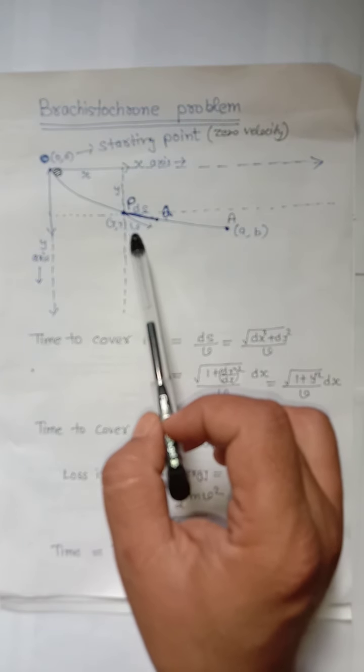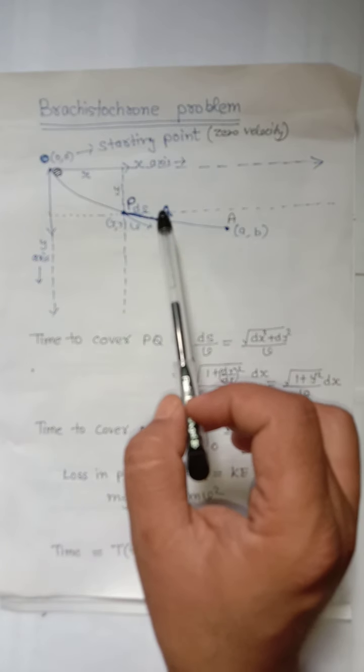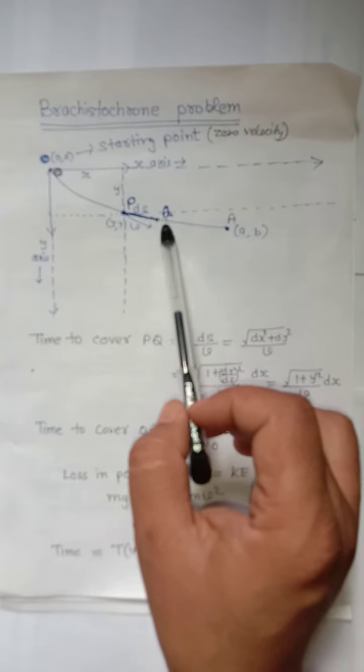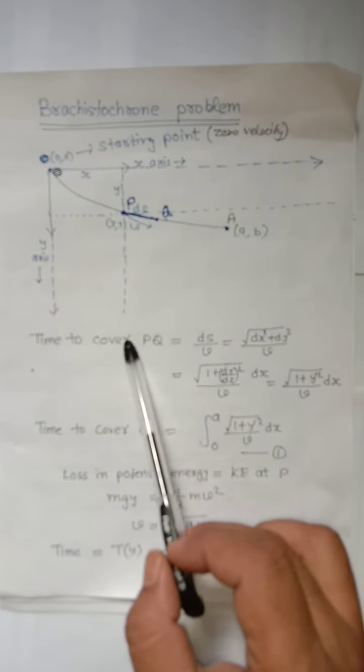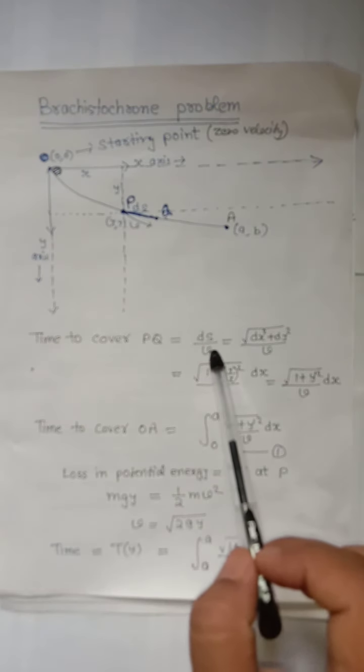Now, first I will calculate the time taken by the bead to cover PQ. You know that the formula of time is distance upon velocity.